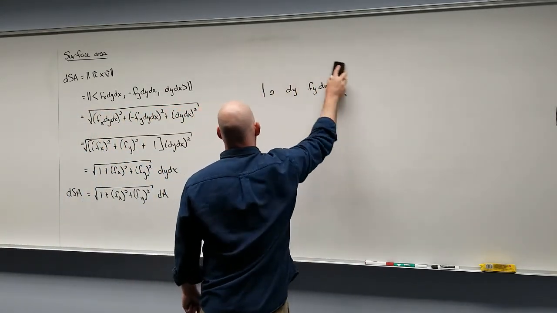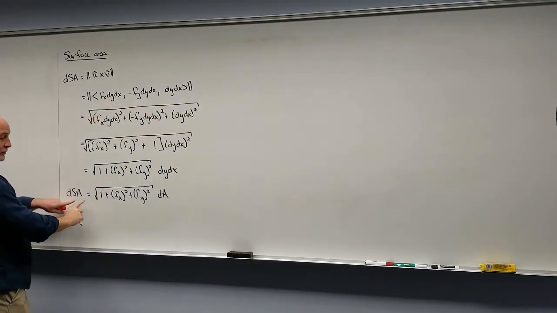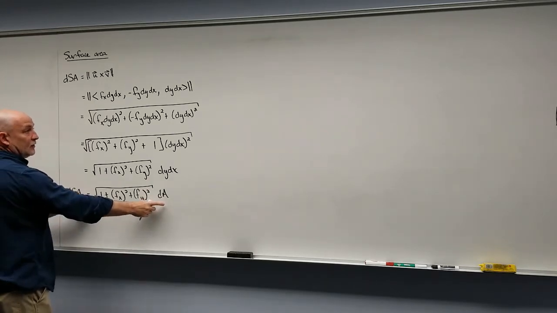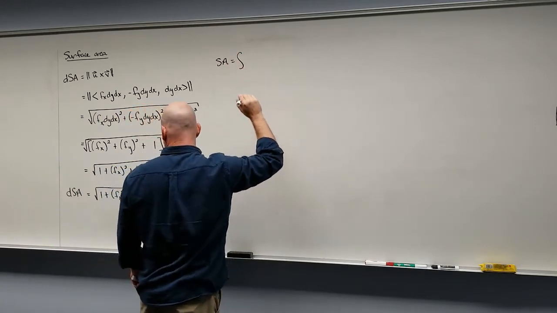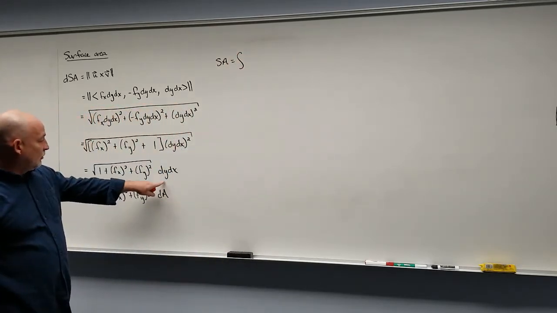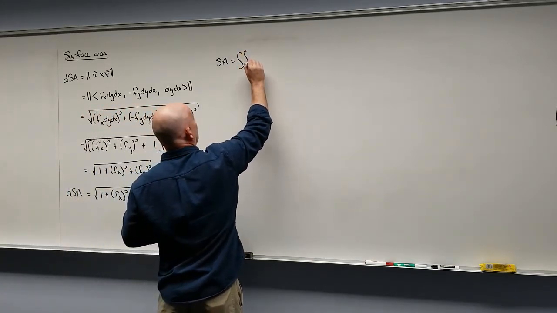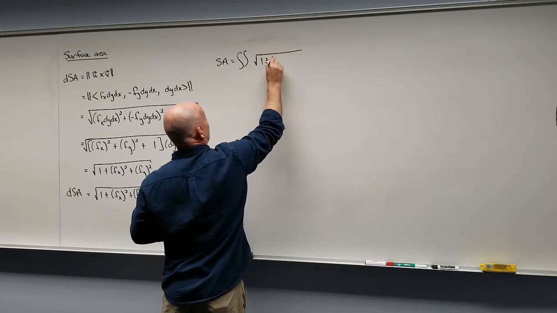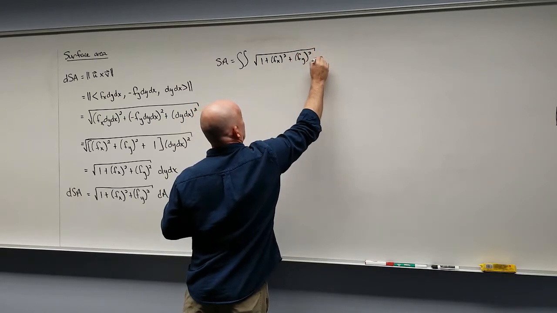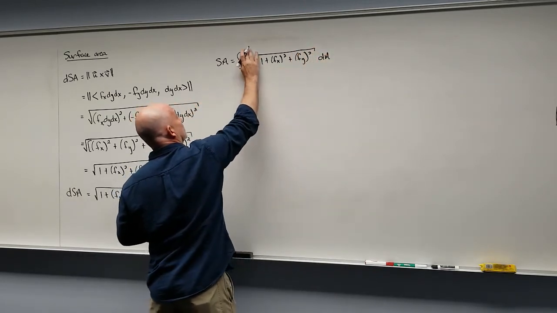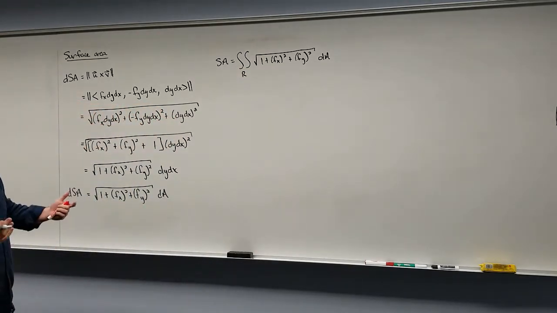Which means if we want the entire surface area, all we'd have to do is add up all these very small pieces across this area. So the surface area will be equal to, since this is an area element, we've got to integrate with respect to x and y, so we would do a double integral. The square root of 1 plus f sub x squared plus f sub y squared dA over the region that we need to integrate. Okay, so it's a formula.